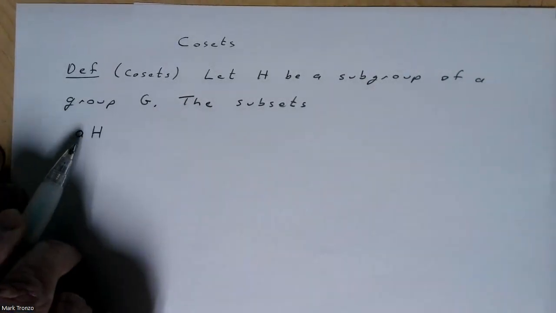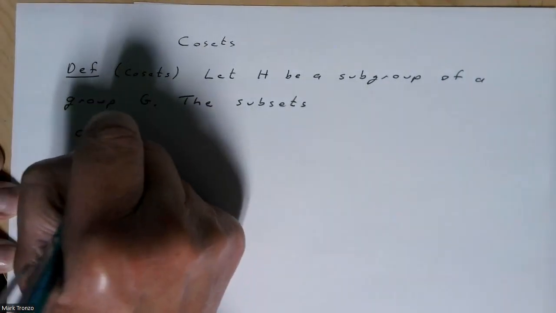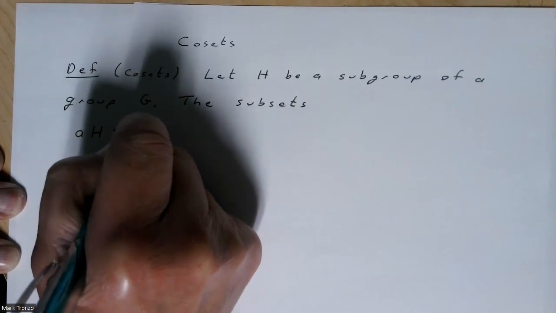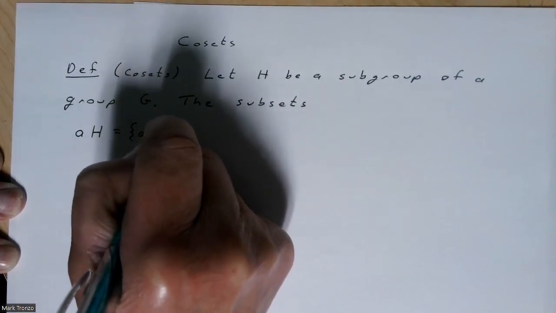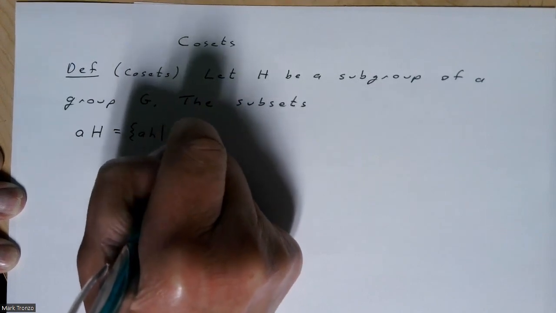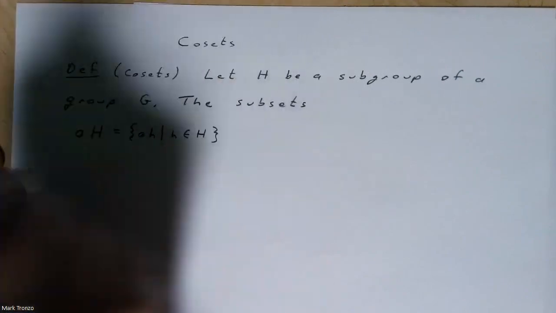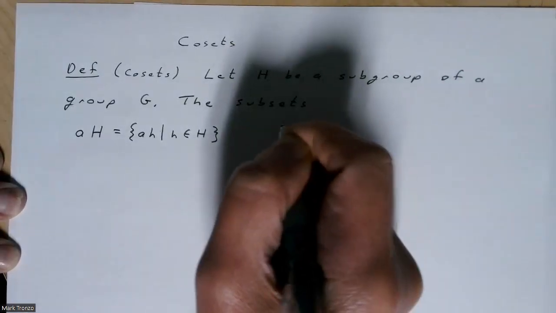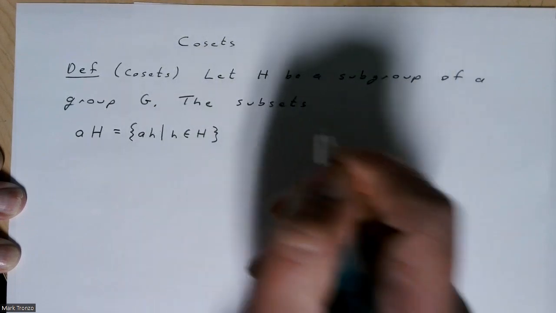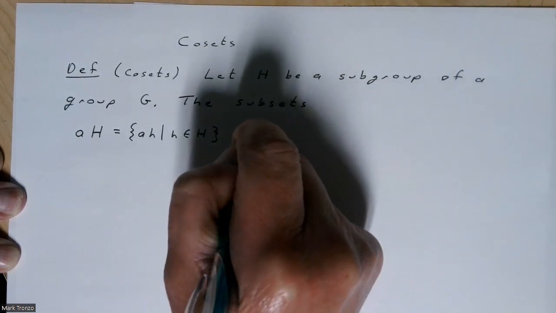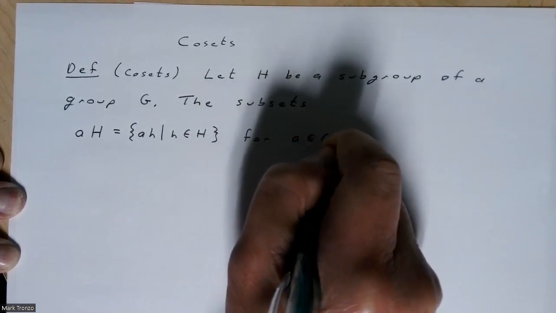And again, sometimes you might want to put your binary operation here, is equal to aH such that h is in the subgroup, for a in the group G.